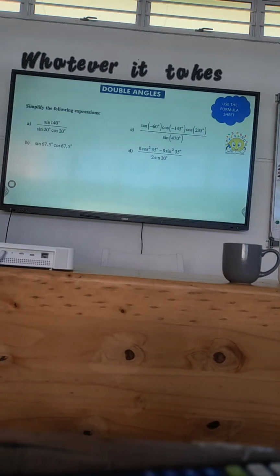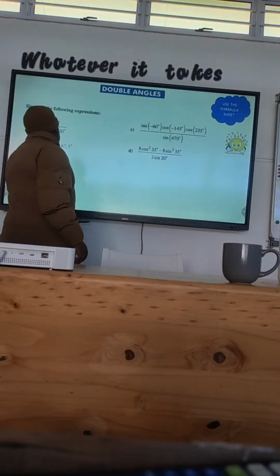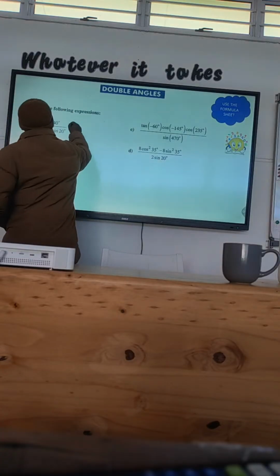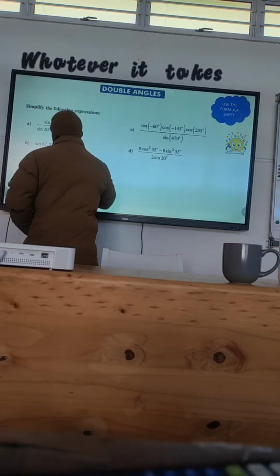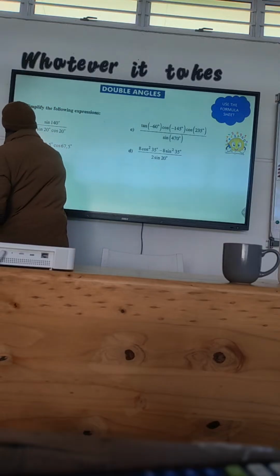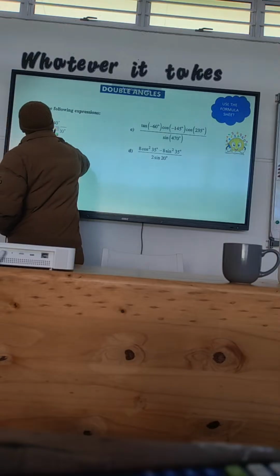Now, there are many ways of solving A. There are many ways to solve A, but logically speaking, I will reduce the top part, because I'm used to reducing.